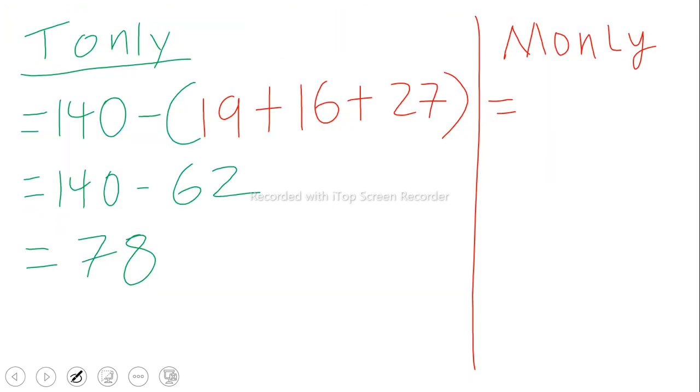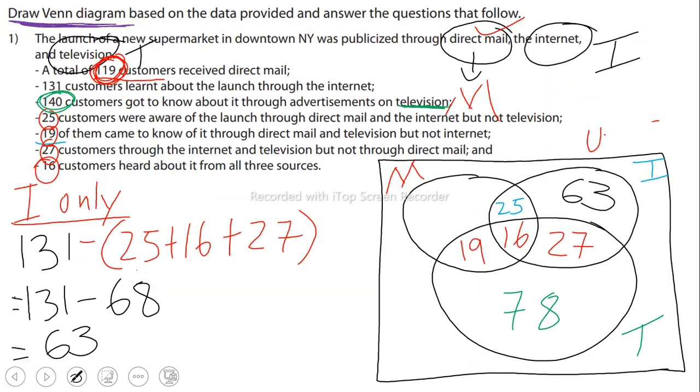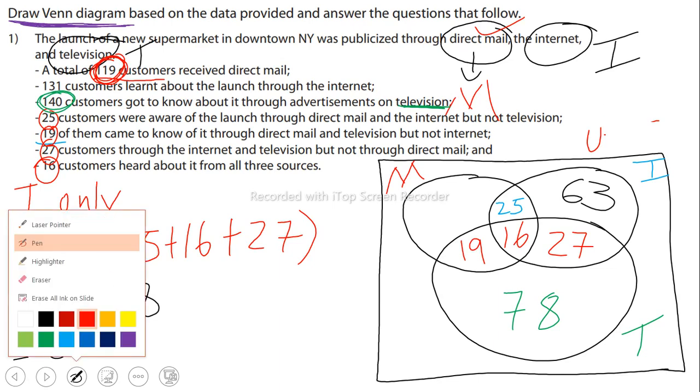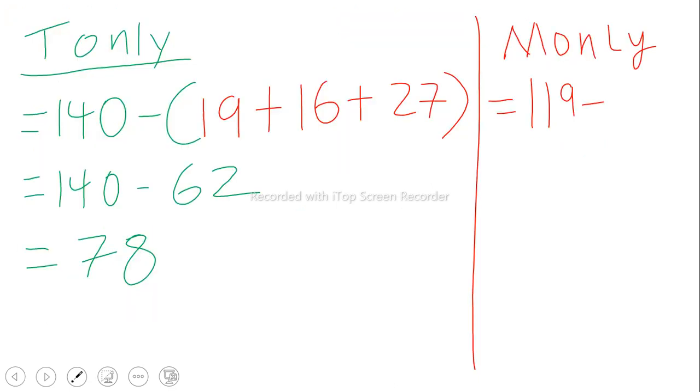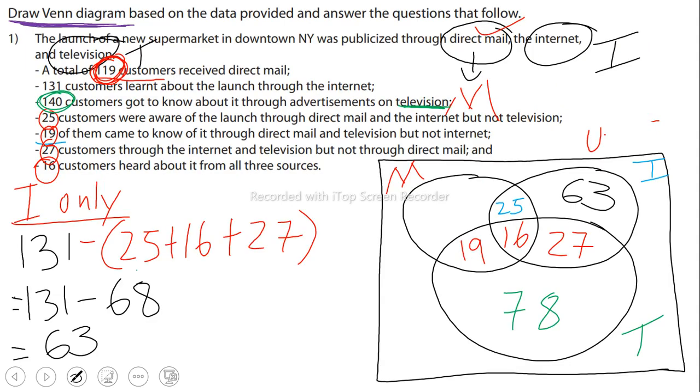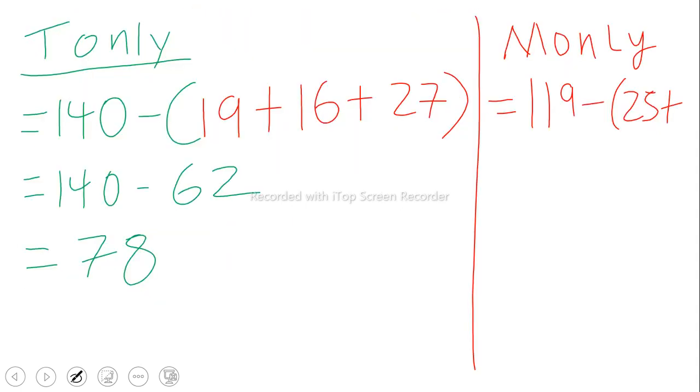So it's gonna be 119 minus 25, 16, and 19. All three of these. So minus 25 plus 16 plus 19.